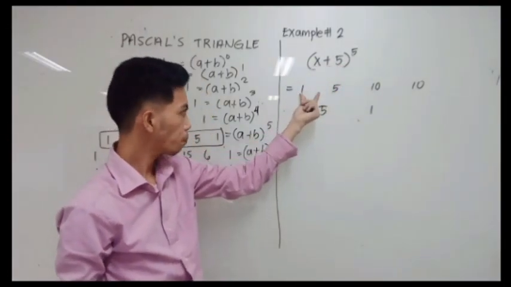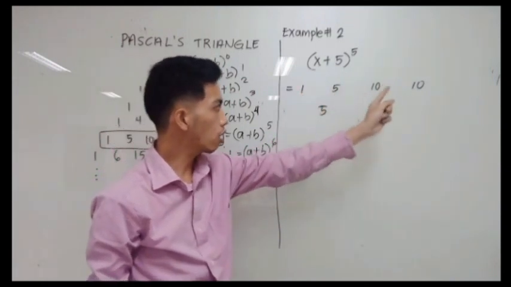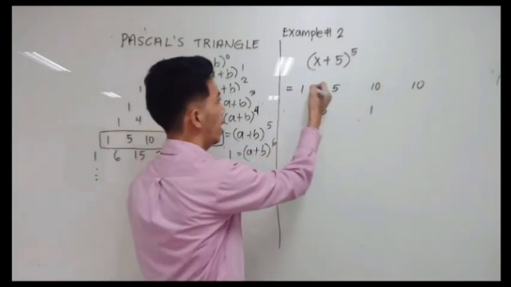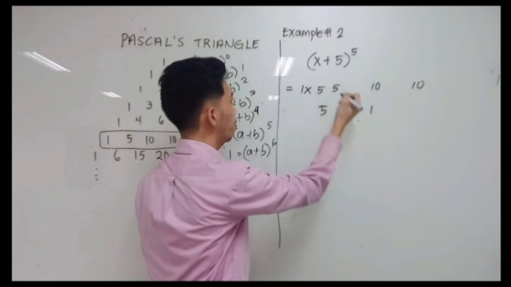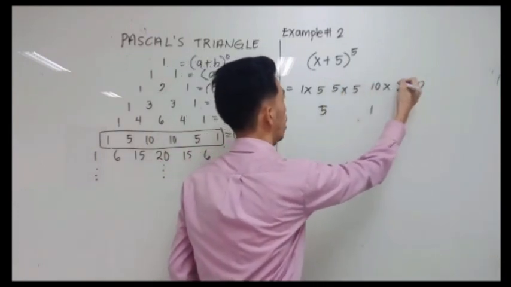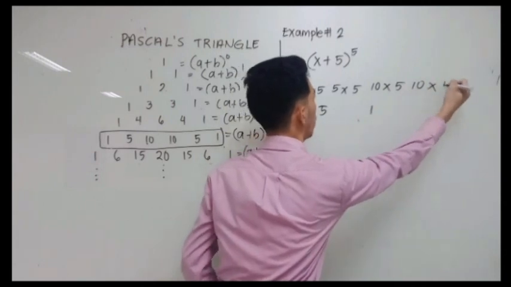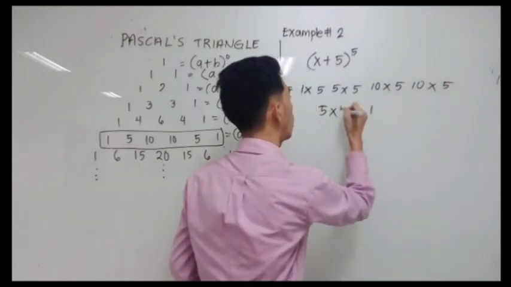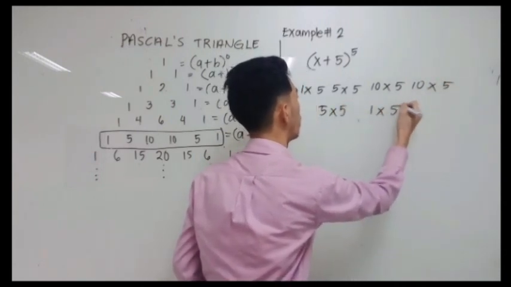Okay? Next, we are going to write the first term and the second term along with the numerical coefficient. So, you have x and 5, x and 5, x and 5, x and 5, x and 5, x and 5.